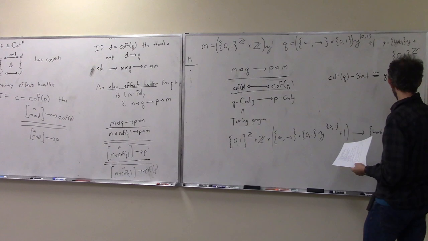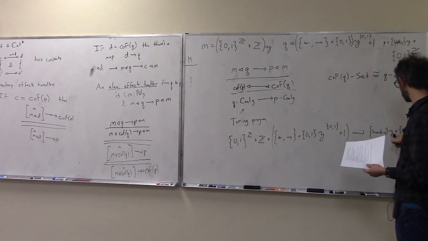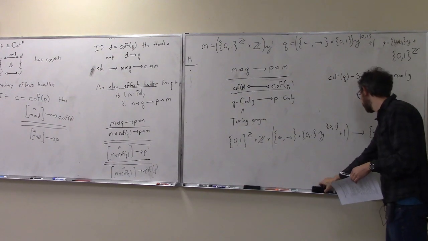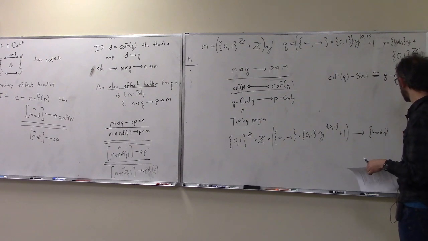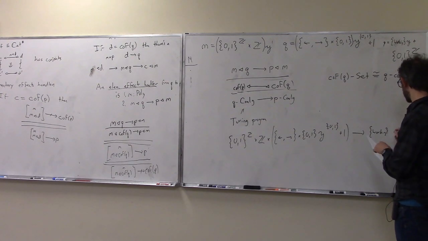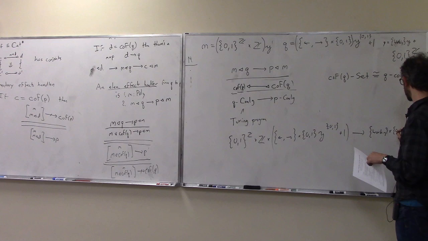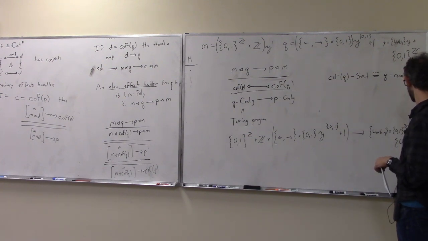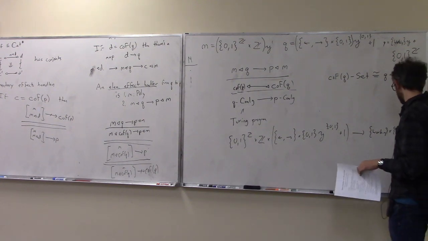Z composed M. So working, I compose it with M. That means I plug M in for y. Working times 0, 1 to the Z, plus 1, times that.